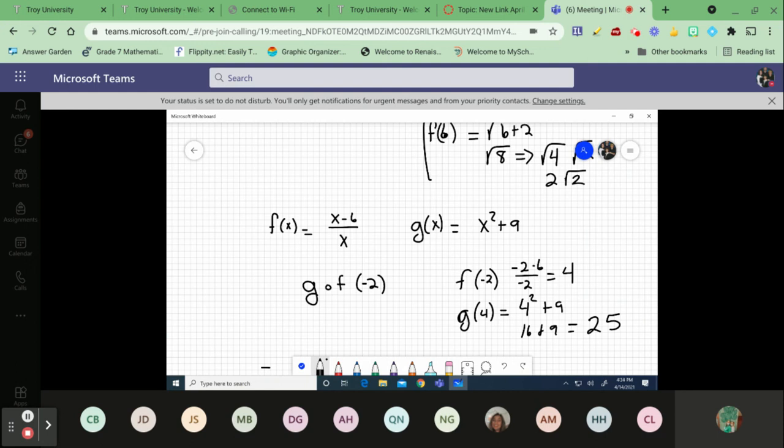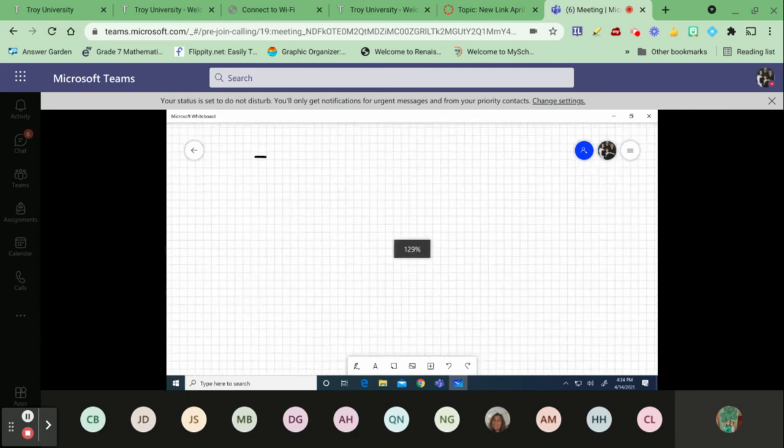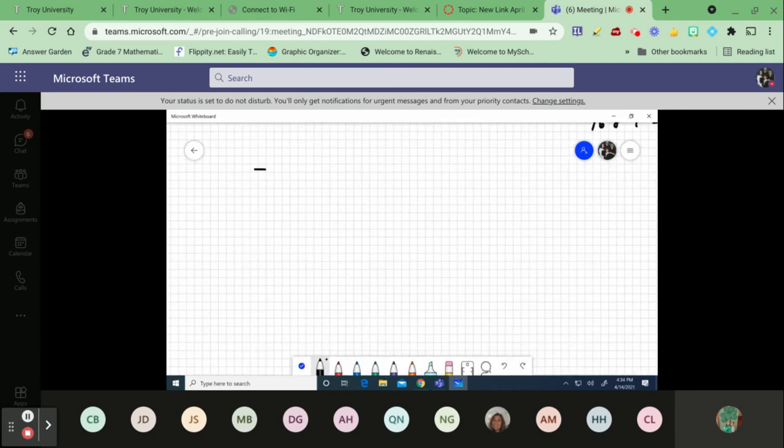All right. Sometimes they don't give us a number and they just want us to write the composite function as it is. So let's look at 5. I have f of x is x minus 7 divided by 2, and g of x is 2x plus 7.